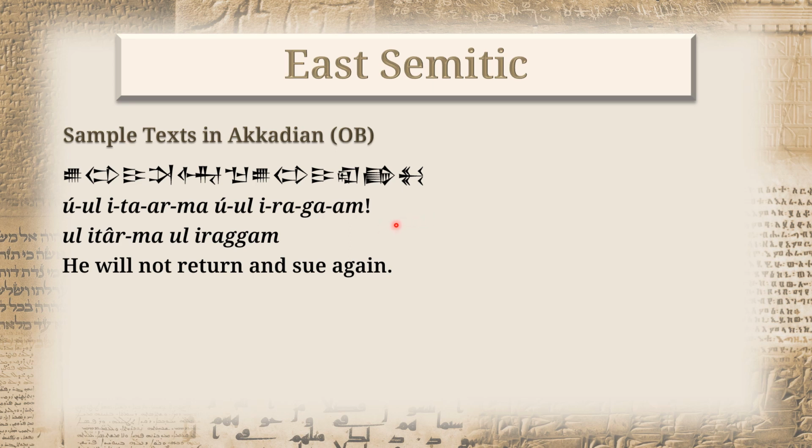It refers to a single person. It has to be iragam. It is also itar and not itaru. So if it is itar, it has to be iragam. We know this phrase from many documents, so that's why I corrected mu to am, and this correction is marked with an exclamation mark, which means I replaced the sign. So ul-itarma ul-iragam, he will not return and sue again.